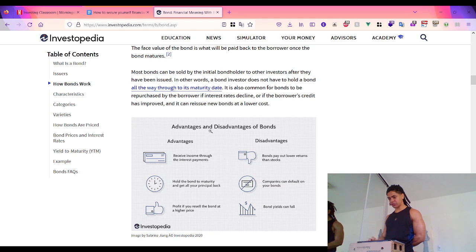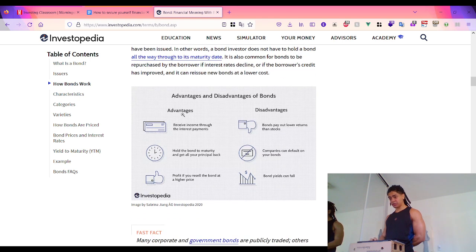Advantages and disadvantages of bonds. Advantages: receive income through the interest payments. Hold the bond to maturity and get all your principal back.